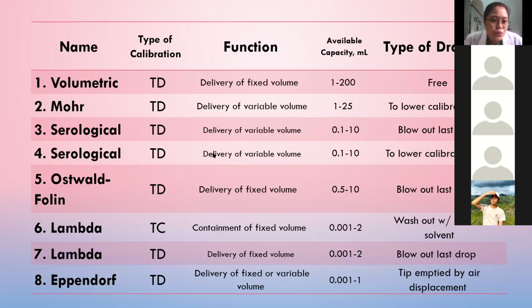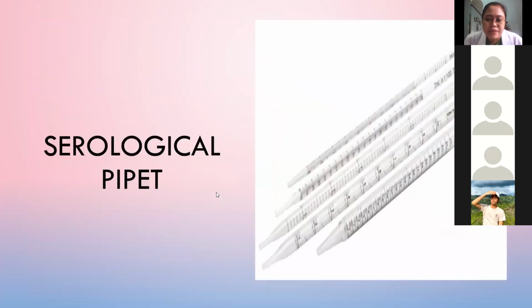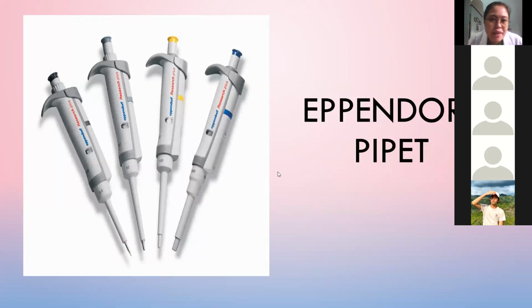And then the last one, the Eppendorf. The Eppendorf pipette is used to deliver fixed, pwede siyang fixed volume, pwede po siya variable volume, and gina-empty siya by air displacement. So, actually, the Eppendorf is also known as the micropipette. Okay, so this is how it looks like, the micropipette.